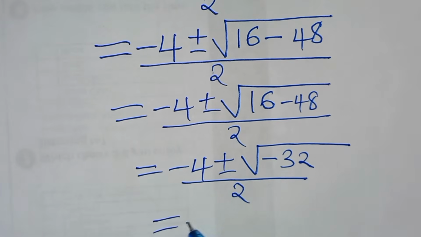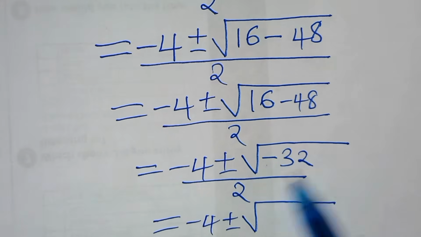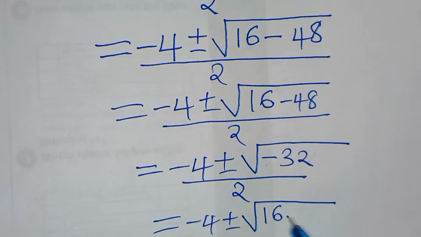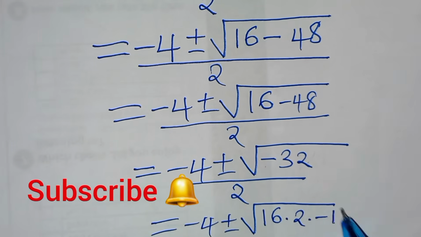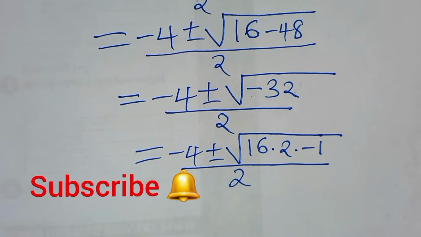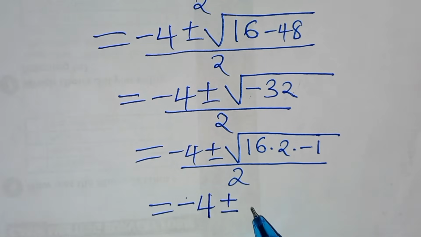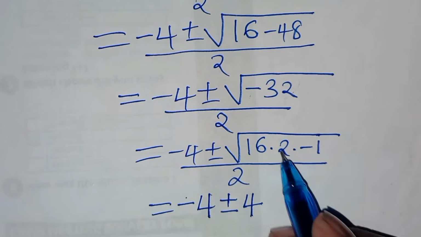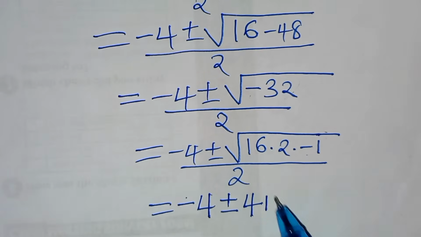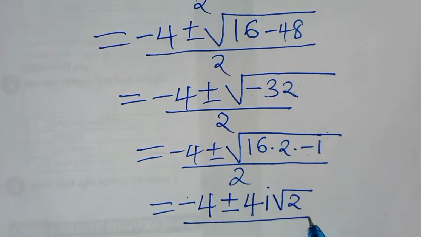We can express the square root of minus 32 as the square root of 16 times 2 times minus 1, all divided by 2. So we have minus 4 plus or minus the square root of 16, which is 4, times the square root of minus 1, which is i, times the square root of 2, all divided by 2.